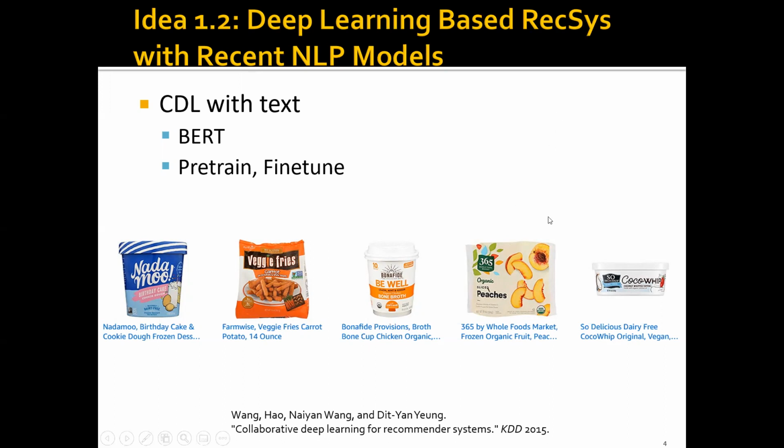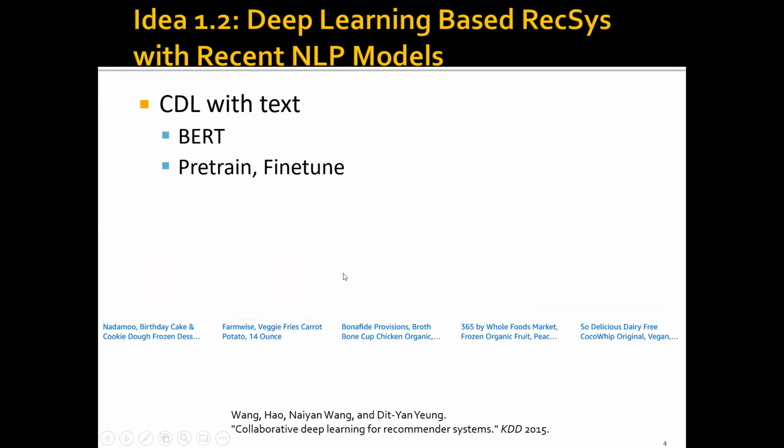Let's say again, in Amazon, we have a lot of items or products, and if we're given only the description of the product, can we improve the performance of the recommender system using these state-of-the-art NLP models like BERT and Transformer, etc.? And this is another idea.